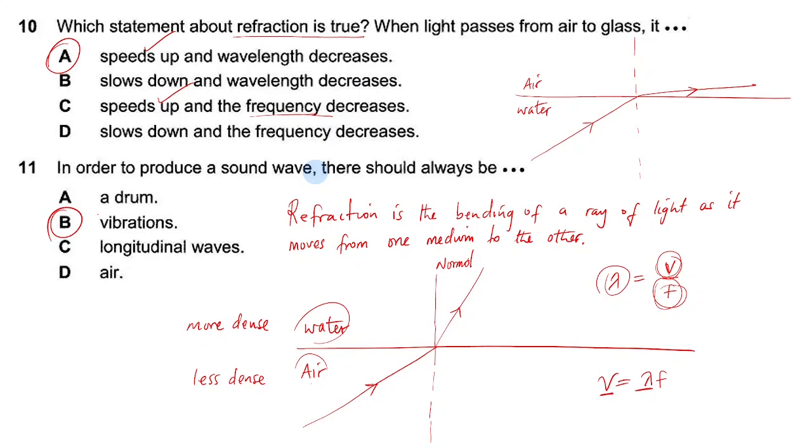Like me, I'm talking because the vocal cords in my throat are vibrating. So also if you want to produce sound, you must make something vibrate. So in order to produce a sound wave, there should always be vibrations.